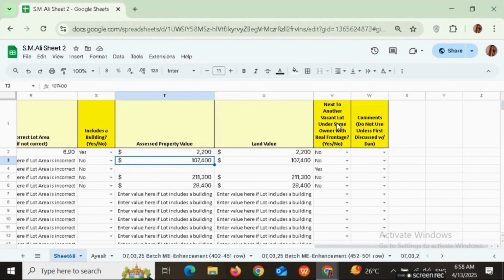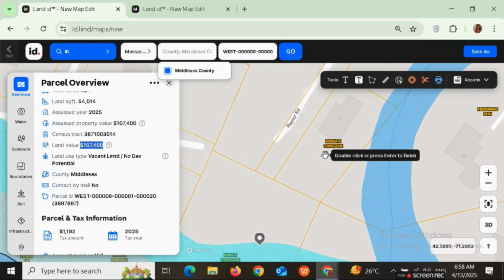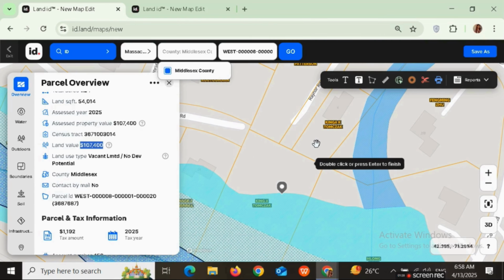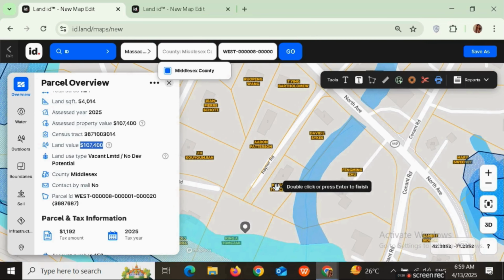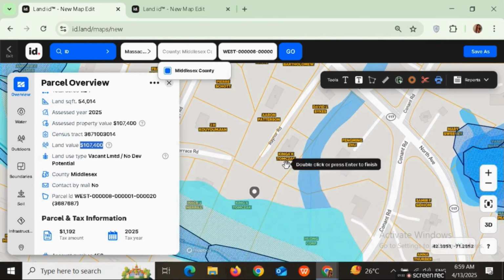Next to another vacant lot under same owner with real frontage: there is another property over here with the same owner name, but there is no real frontage, and it is also not empty. The property should be vacant.